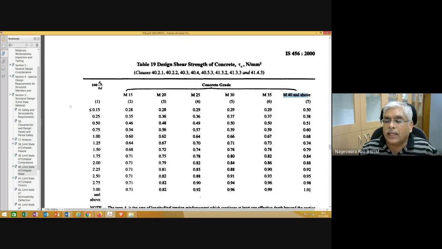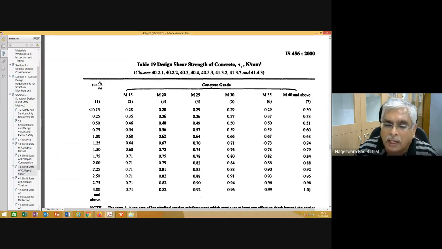At this stage, focus on how to get the design shear strength of concrete using Table 19 of IS 456 2000. You need to know the grade of concrete and the percentage of tensile steel that you provided.